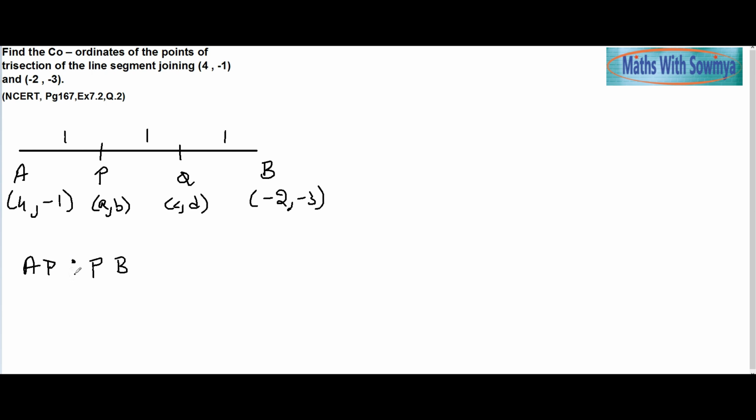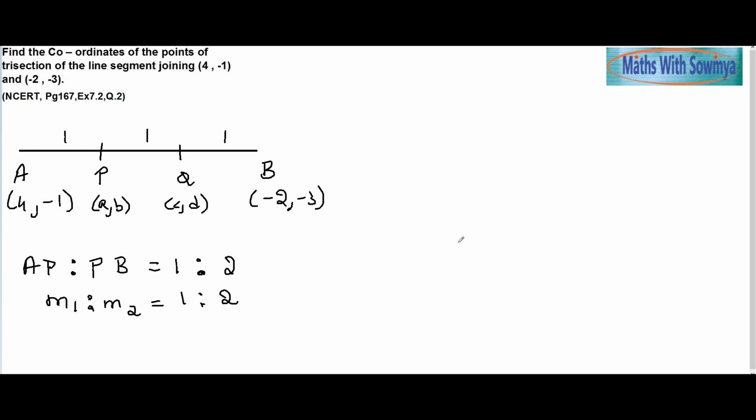AP is 1, and PB is 1 plus 1, that is 2. So AP is 1 and PB is 2. So this is nothing but m1 is to m2, which is 1 is to 2.